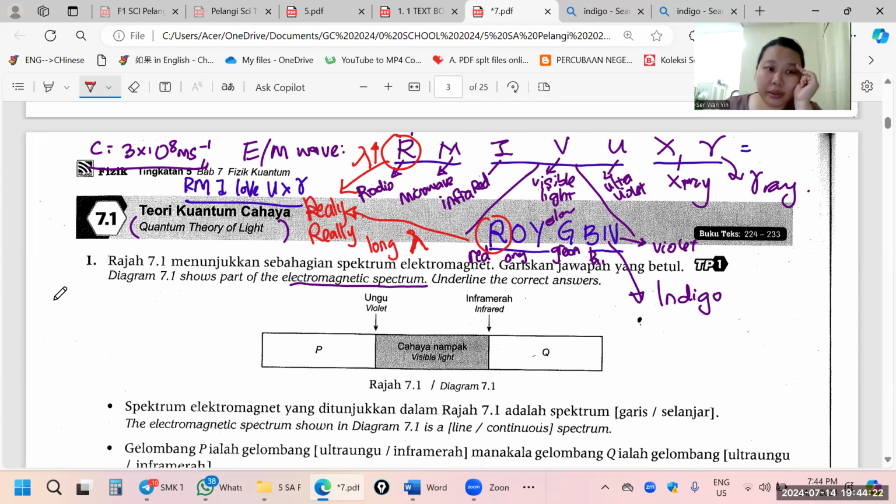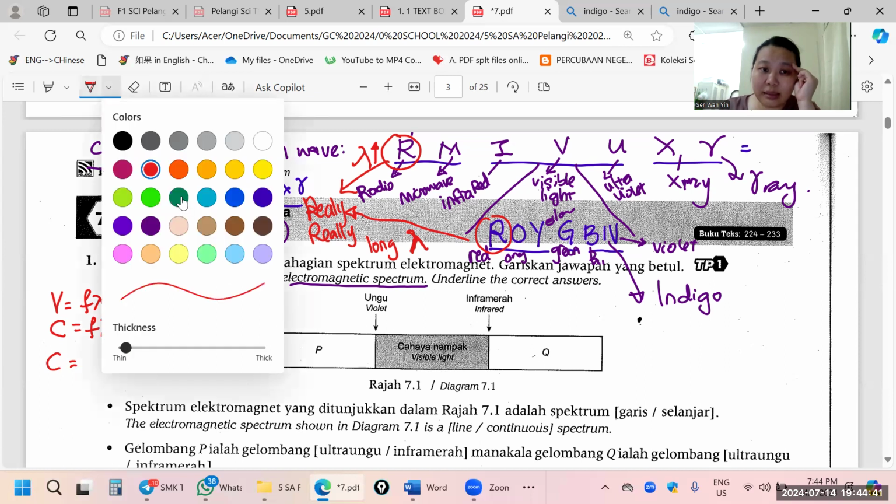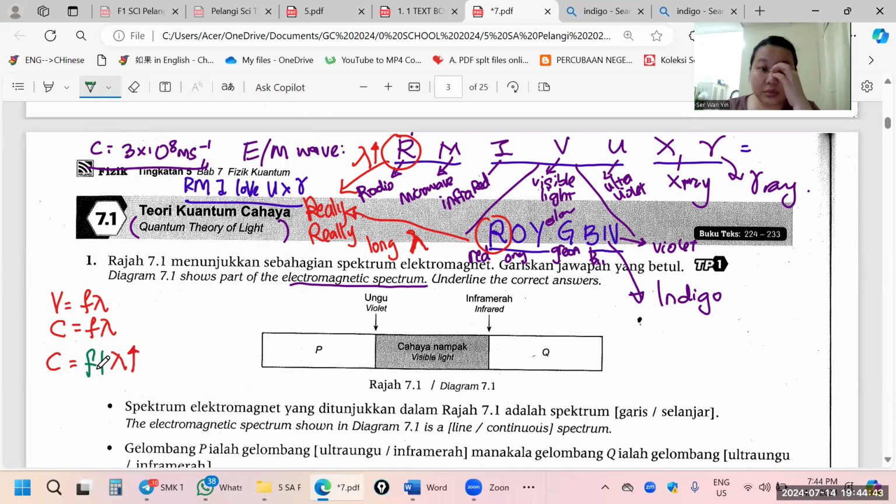But remember, v equals f lambda, last year, chapter 5 wave. So since now it is EM wave, the speed is c. c equals f lambda. It means when your lambda increases, at the same time your frequency must decrease.